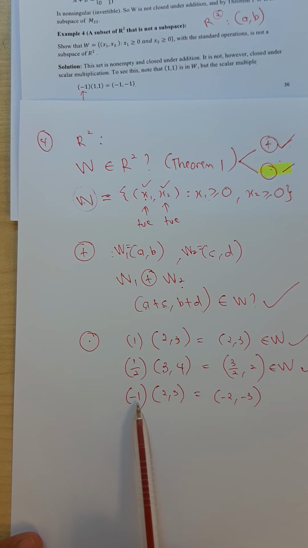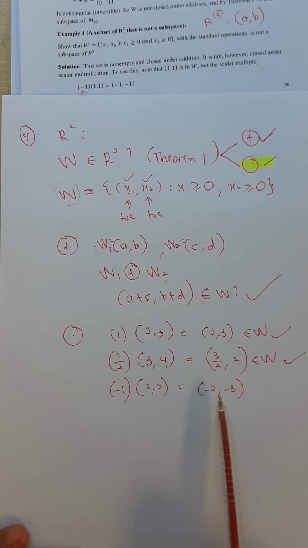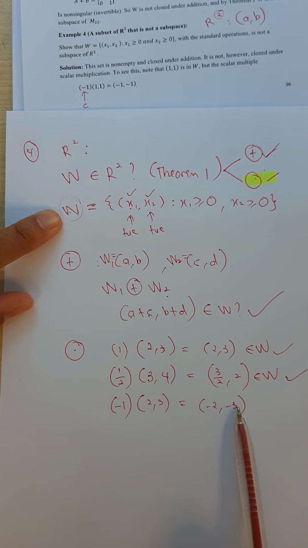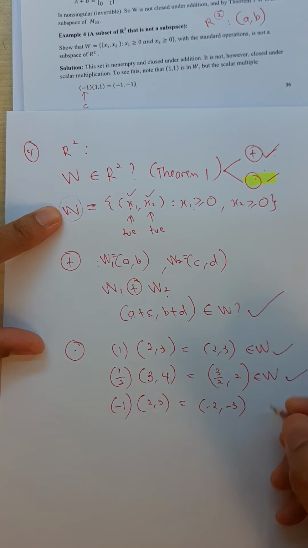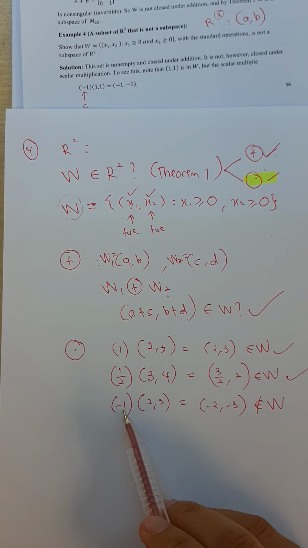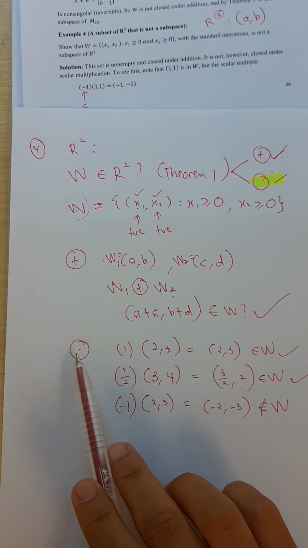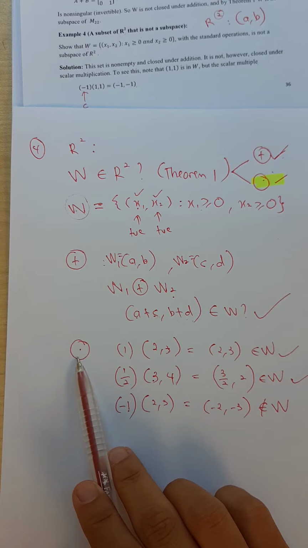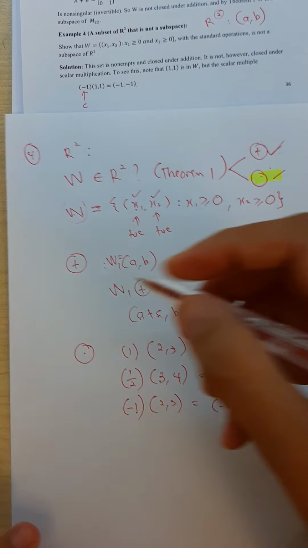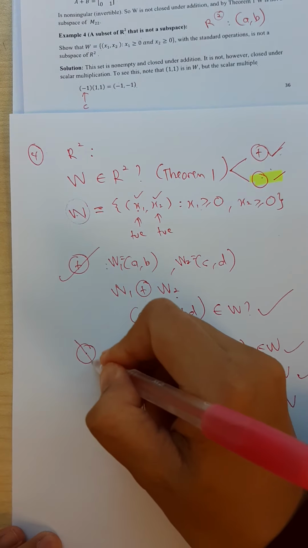But if you multiply with this negative scalar, you get (negative 2, negative 3). Are these allowed to be inside W? I don't think so. So this one is not inside W. You see, it goes back to the choice of scalar multiple that you are working with, for you to check if this scalar multiplication is satisfied or not. So in this case, you can say that this part is all good, but not this one here.